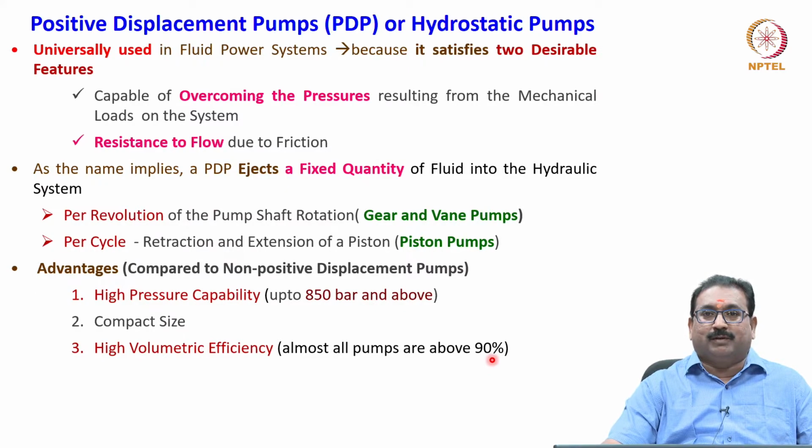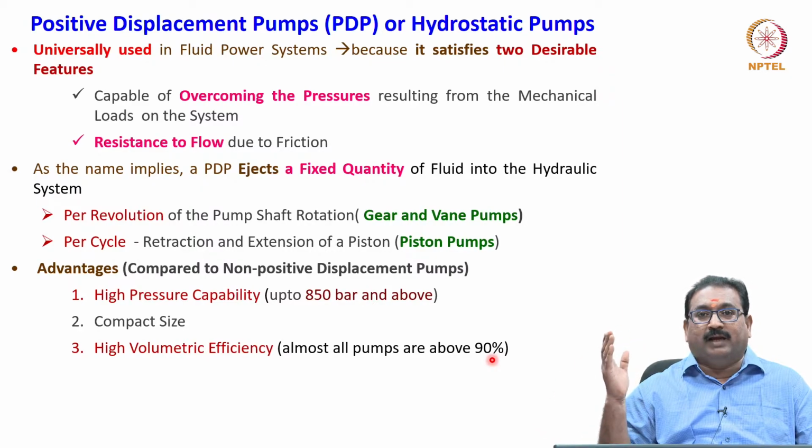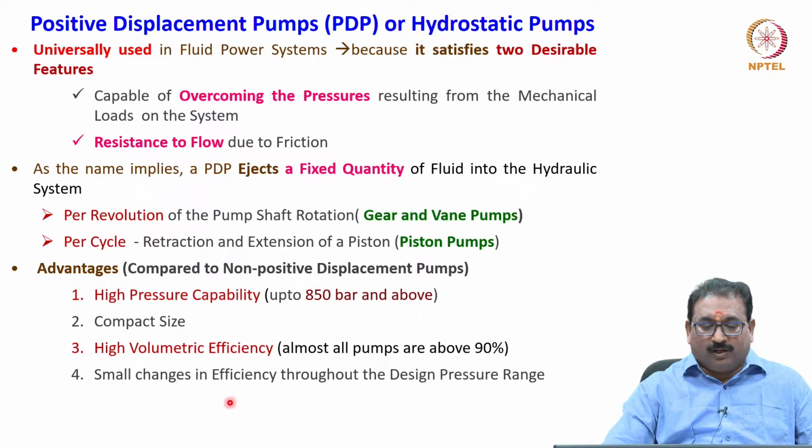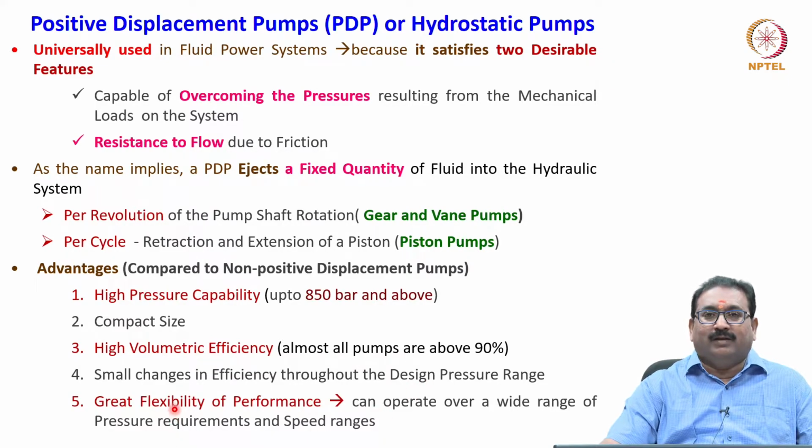Piston pumps may go up to 96 to 98%. Small changes in efficiency throughout the design pressure range. This is only due to leakage and some losses. Great flexibility of performance: can operate over a wide range of pressure requirements and speed ranges.